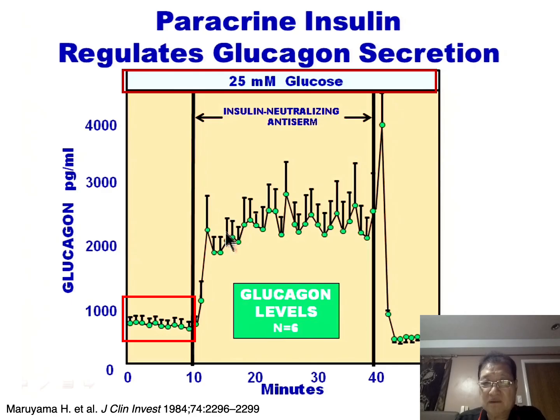What they found was a 150% increase in glucagon level, which lasted only until the anti-insulin was withdrawn. The story tells us that the importance of juxtaposition of beta and alpha cell is to restrain glucagon secretion from the alpha cell. So insulin from the beta cell is the control of glucagon secretion.